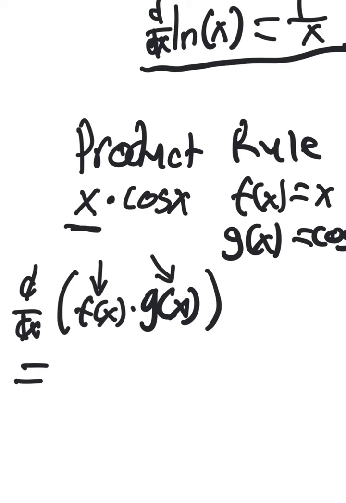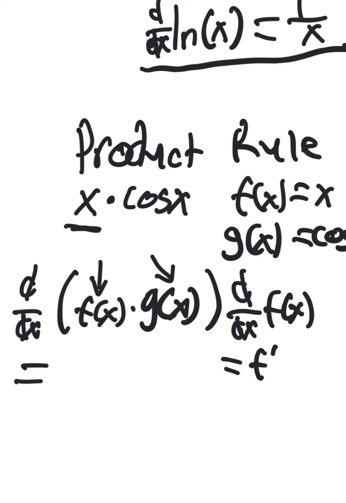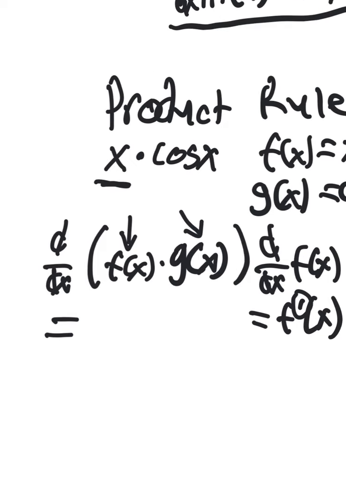And another notation that I should have showed you earlier, which is very important, is that we write the derivative of f of x as being f prime of x. So this little prime just means the derivative of. So that's going to show up in this formula. So I'll write another equal sign down here to make it more clear.